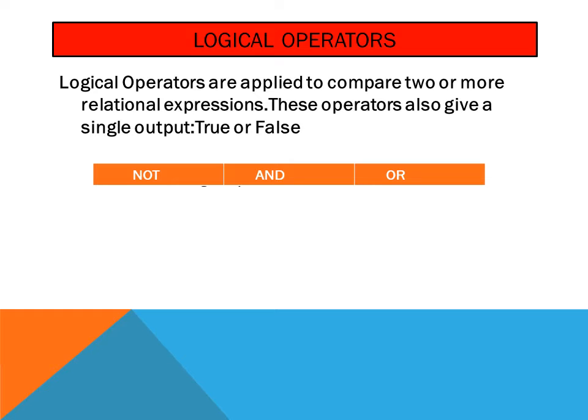There are basically three logical operators which are used in MS Excel. We have logical NOT, logical AND and logical OR. Remember, like the relational operators, the logical operators also give a single output, either true or false.